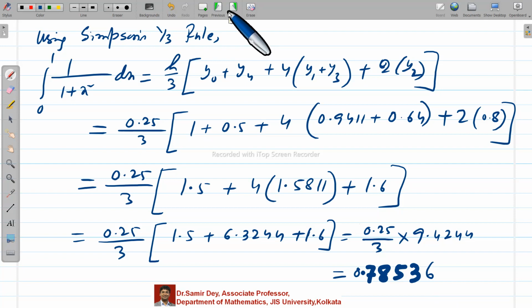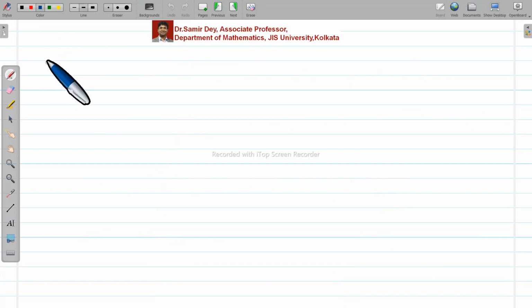Clear? So please remember, first you have to complete your bracket part, then you multiply by whatever outside value you have. Okay, the last line, only one line is left.